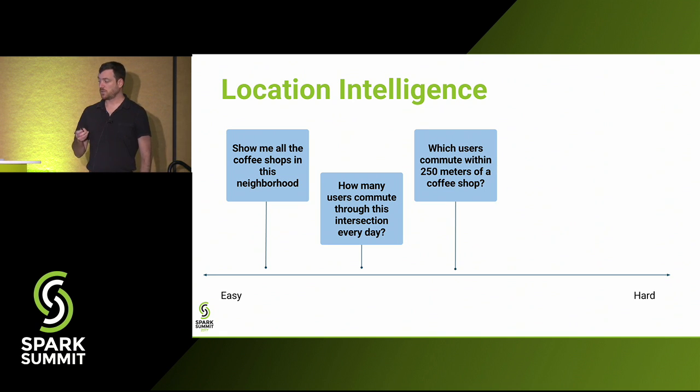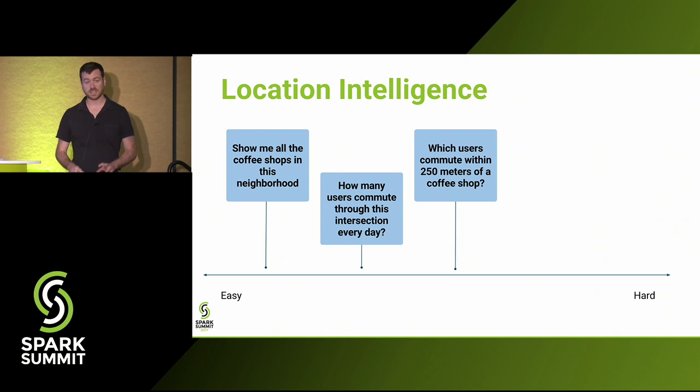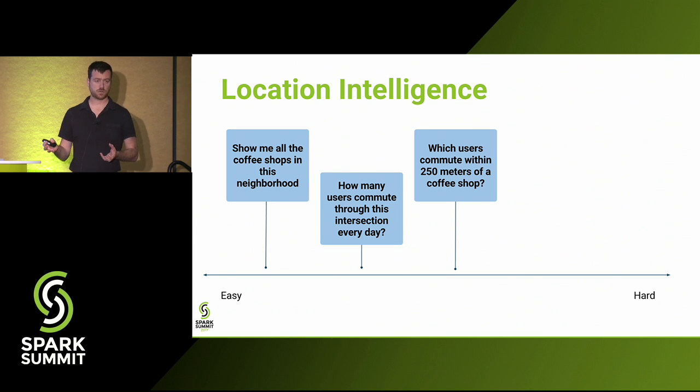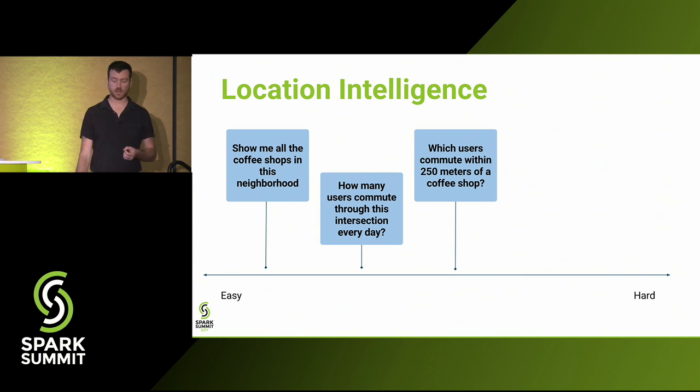Here's a query: which users commute within 250 meters of a coffee shop? This is really any coffee shop, right? So in this case, in the first two questions, we have one spatial region for our query. In this case, we have many spatial regions. It's the location of all coffee shops. And we're joining that with our activities table.